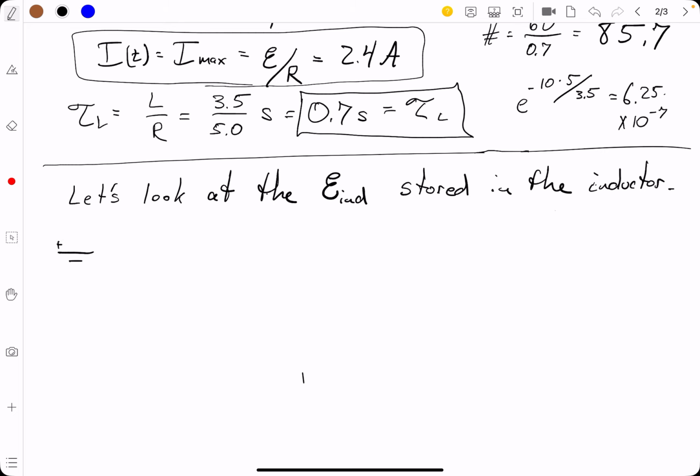It's not that hard. I'm not going to keep scrolling up and down. It's easier to just draw it, really. Okay, so here's our inductor, here's our resistor, and we know our current is flowing this direction with a certain I of t, which we figured out. We want the induced EMF in the inductor. This is the same thing that we called E L before.